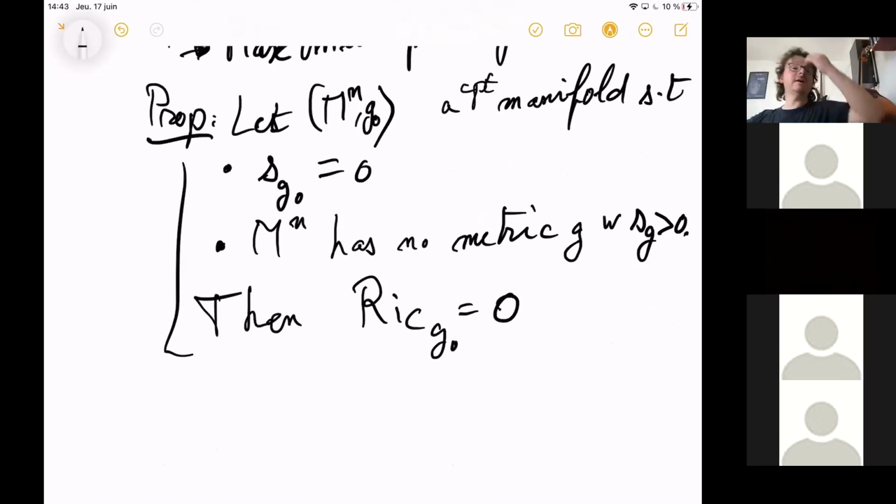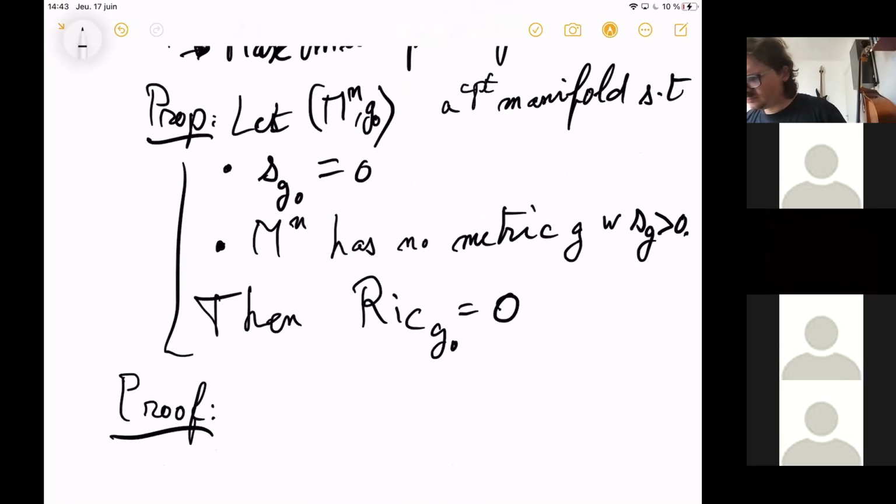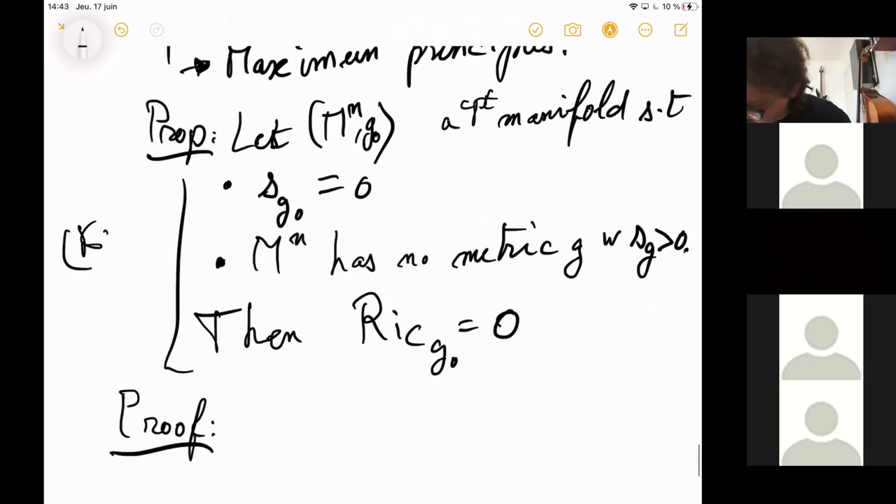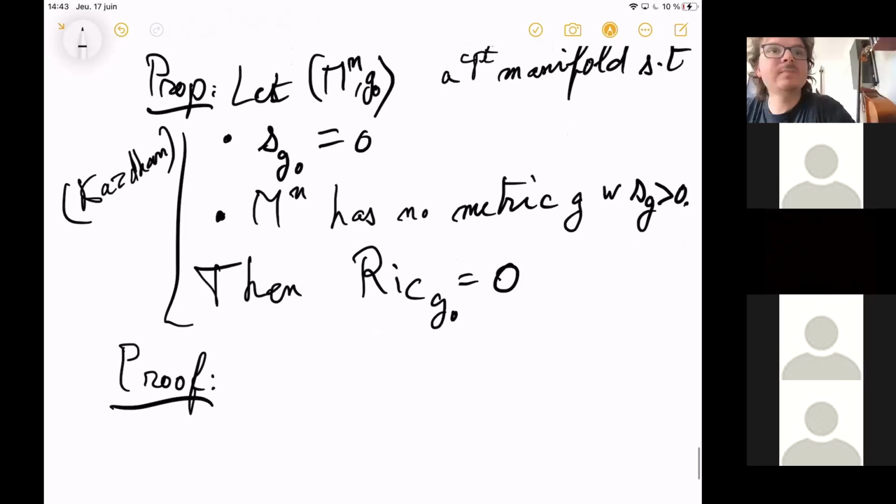So how can we prove that? I guess this is due to Kazhdan, whose name I'm probably butchering the spelling of. This is not the original proof of Kazhdan. This is a later proof, because Kazhdan proved that before Hamilton introduced Ricci flow in the early 80s.